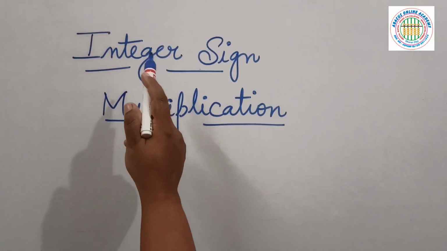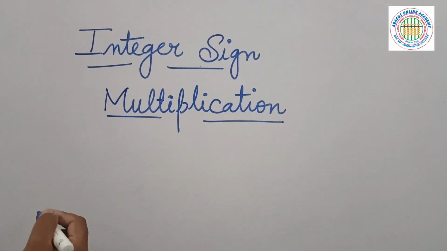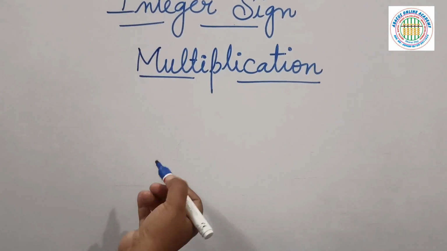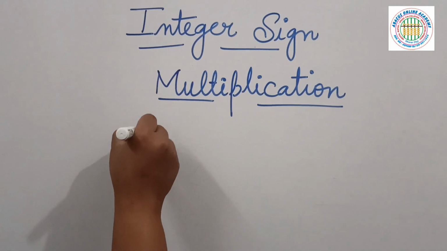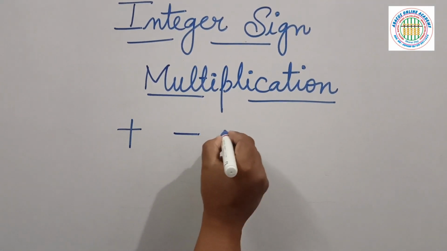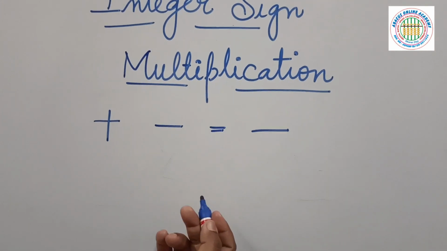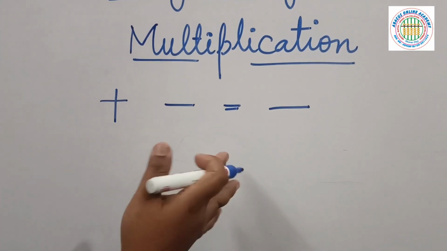Okay, next one is integer sign. We have already seen in addition and subtraction, but let's see how this works in multiplication. And the first one is, as you know, plus minus is equal to minus. In addition, what did we do? We subtracted and we put the greater sign, whatever it is.